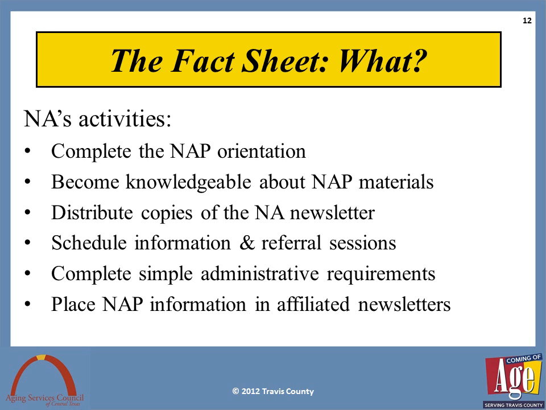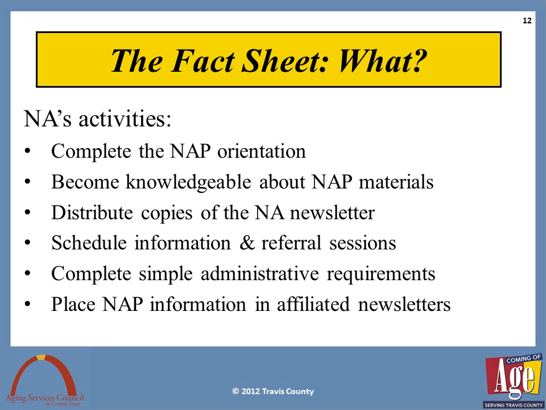Then you're going to be distributing that Community Connection for Older Adults newsletter, which is going to be a very important activity that all ambassadors are engaged in. You're going to be scheduling your own information and referral sessions, probably at some local public settings that we just talked about. You're going to have 2 very simple administrative requirements called the confidentiality agreement and the monthly report. We'll talk about that more in a later section.